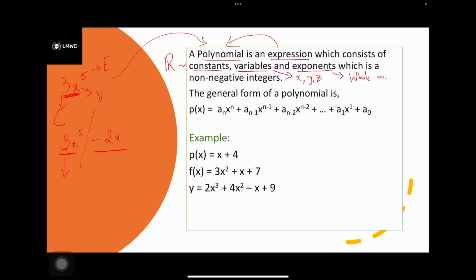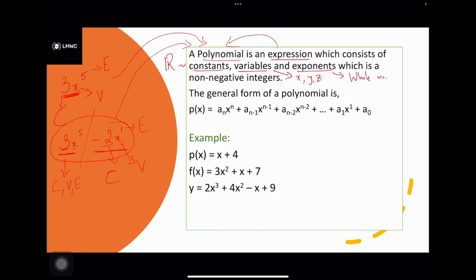We have 3, which is constant. We have variable x. We have exponent, which is positive. Similarly, I have a constant over here, negative 2. Negative 2 is our constant. x is our variable. And this x has a power. Nothing is written means the power is 1. So this is our exponent, and 1 is a positive integer. So hence, both the terms together, this whole expression, again gives a polynomial.